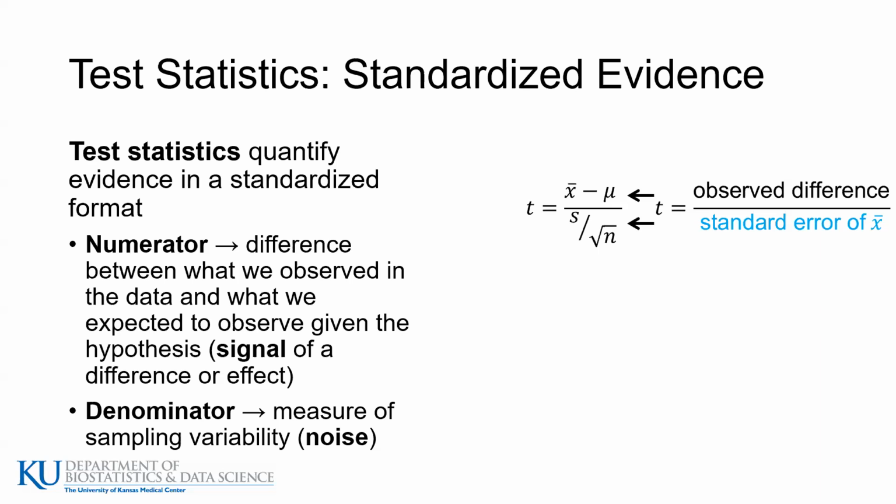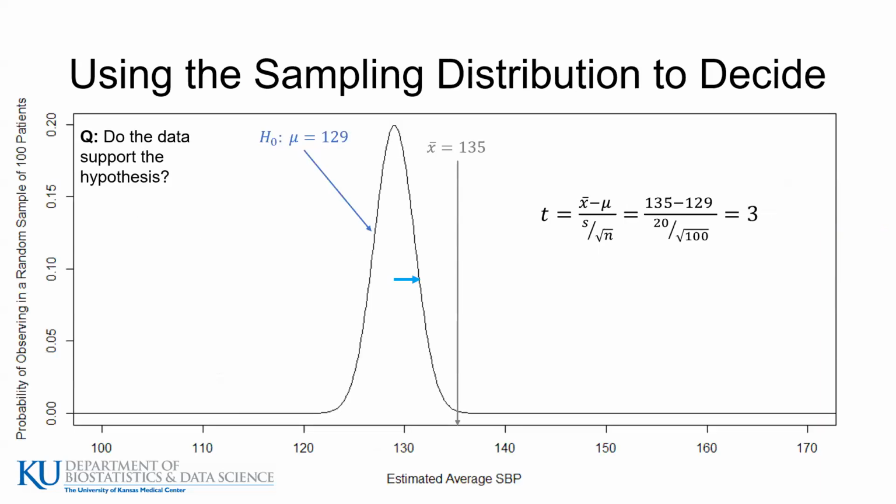So here it's going to be the standard error of X bar. So our test statistic, T, is going to be 135 minus 129 divided by the standard error, which is 20 over the square root of 100. And this gives us a T statistic of 3.